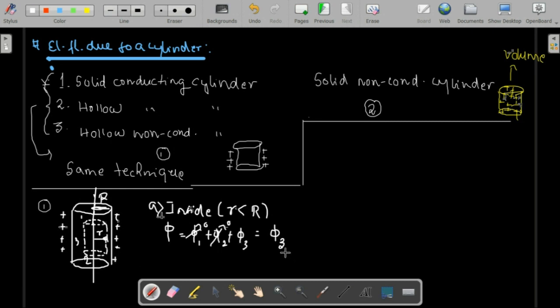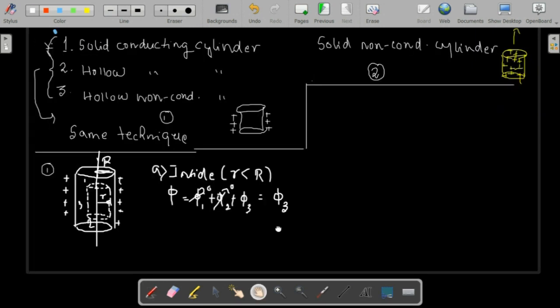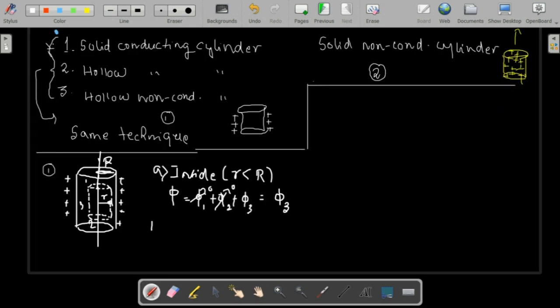The flux is E dot dA. For a cylinder, the area is 2 pi r l, where this r is the radius of the Gaussian surface. That's very important. This equals the charge enclosed by Gauss's law.